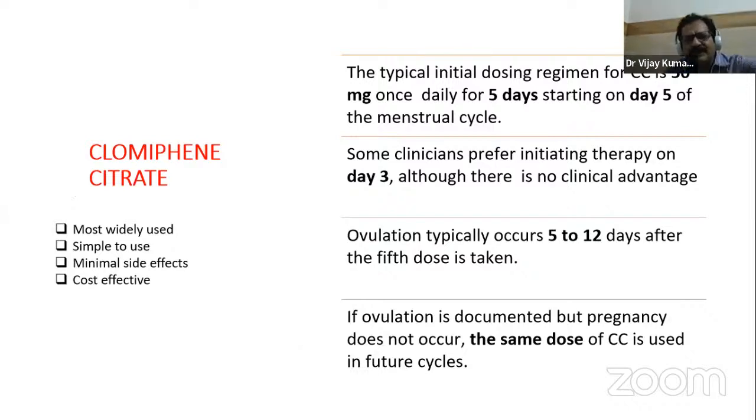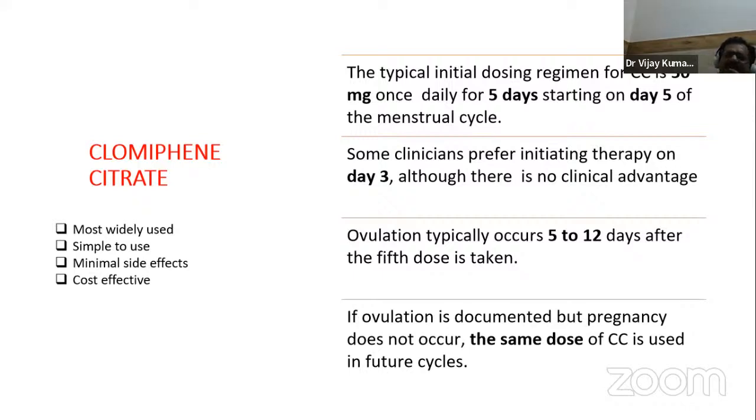So coming to clomiphene citrate, it comes in many dosages, 50 milligram and 100 milligram. To begin with, we start 50 milligram once daily for 5 days.